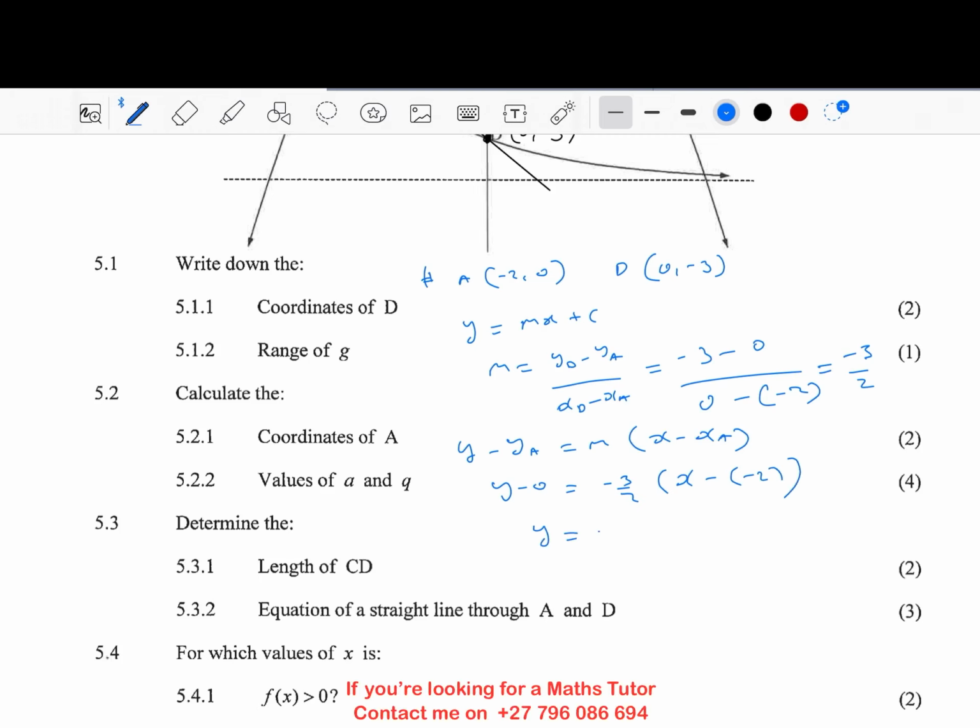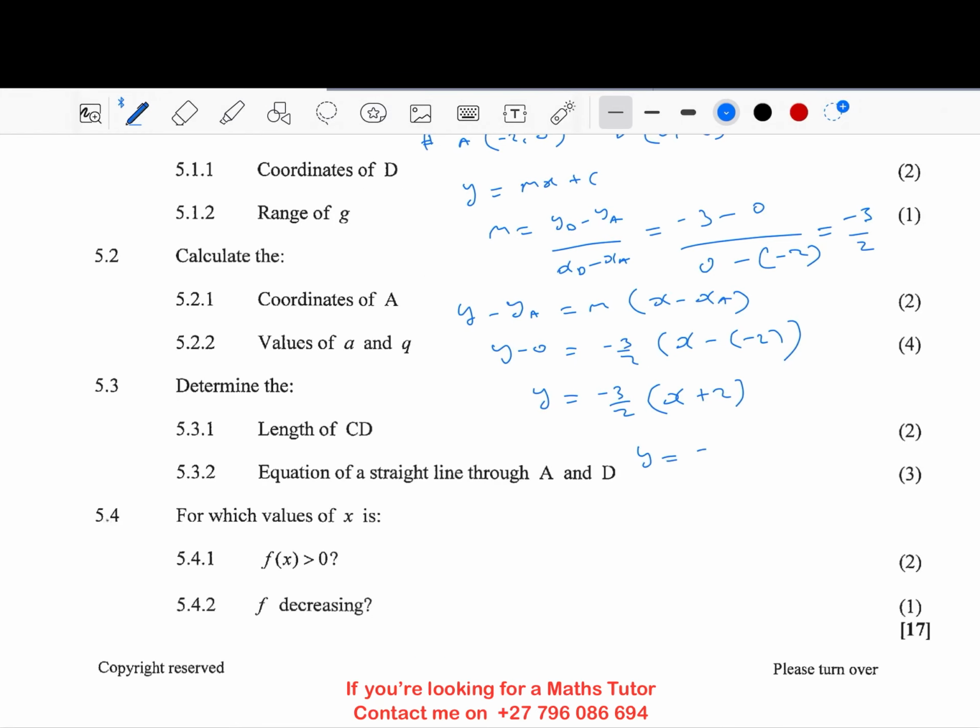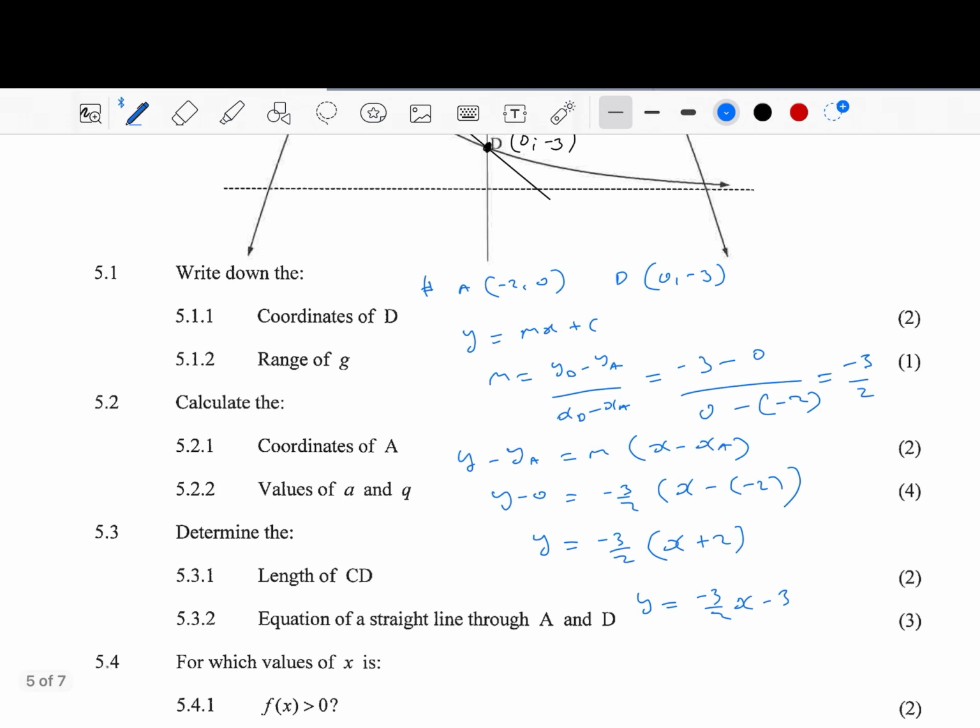So you have y is equal to -3 over 2, x plus 2, and then you remove the brackets. So you're going to have -3 over 2 times x, that's -3 over 2 x, and -3 over 2 times 2, which is -3. Boom. So that is the equation of a straight line through A and D.